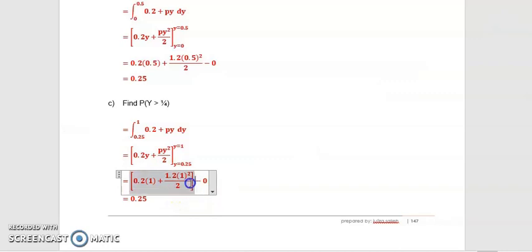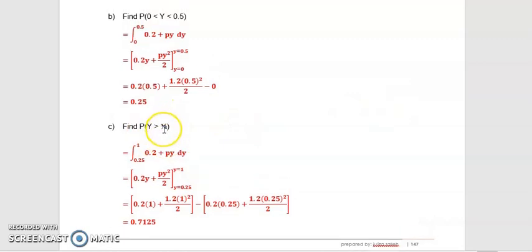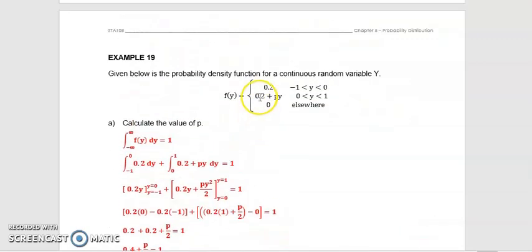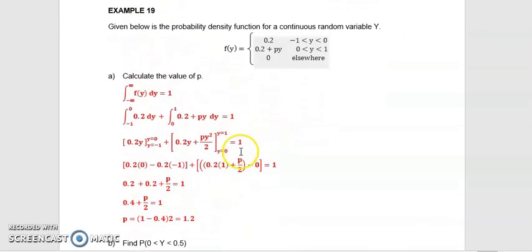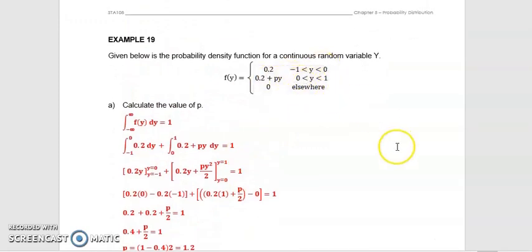Minus when y equal to 0.25, here is value y 0.25. So when you calculate this, the probability is 0.7125. Okay, so remember, if you want to find probability, look at the given limit. If you have two functions like this, look at the limit given in which function.